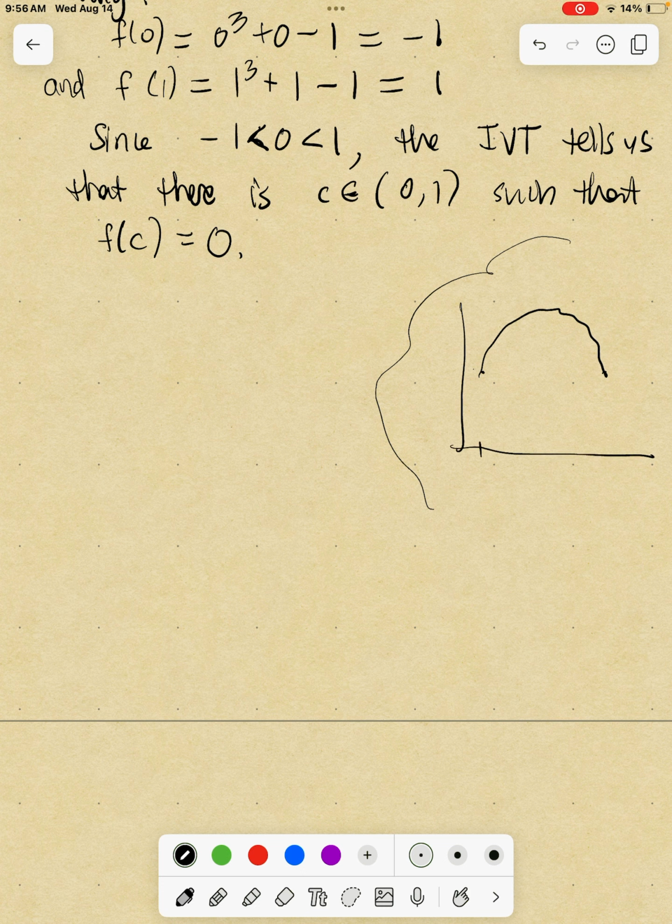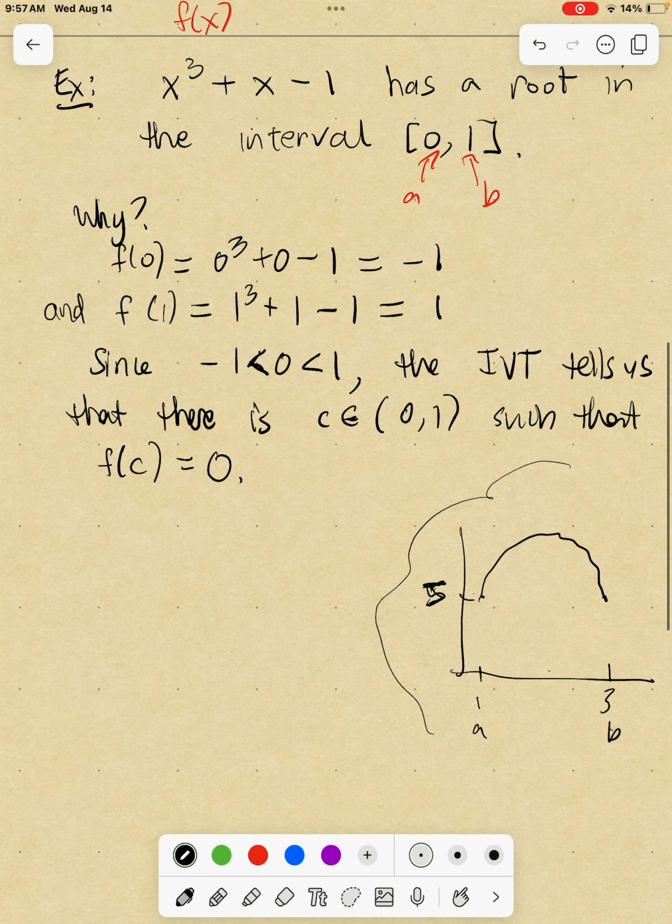So if you have something like this, and the output is 5, and this is your a and that's your b, then your f of a and f of b are 5, but there is no c in between a and b such that f of c is equal to 5, even though this function is continuous. So what I mean is that f of a and f of b are not equal in this case. Okay.